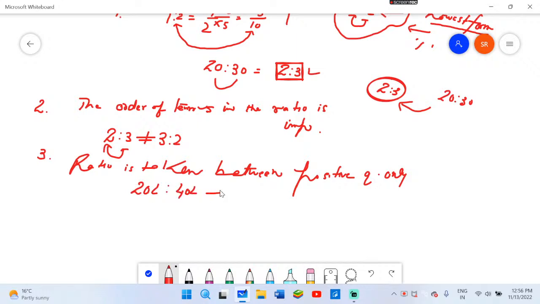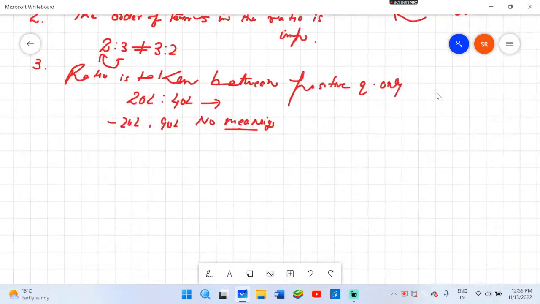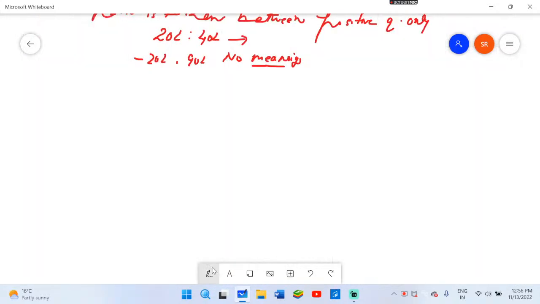It has meaning. But we cannot write ratio between minus 20 liter milk and 90 liter milk. It has no meaning. So we write ratio only between positive quantities.